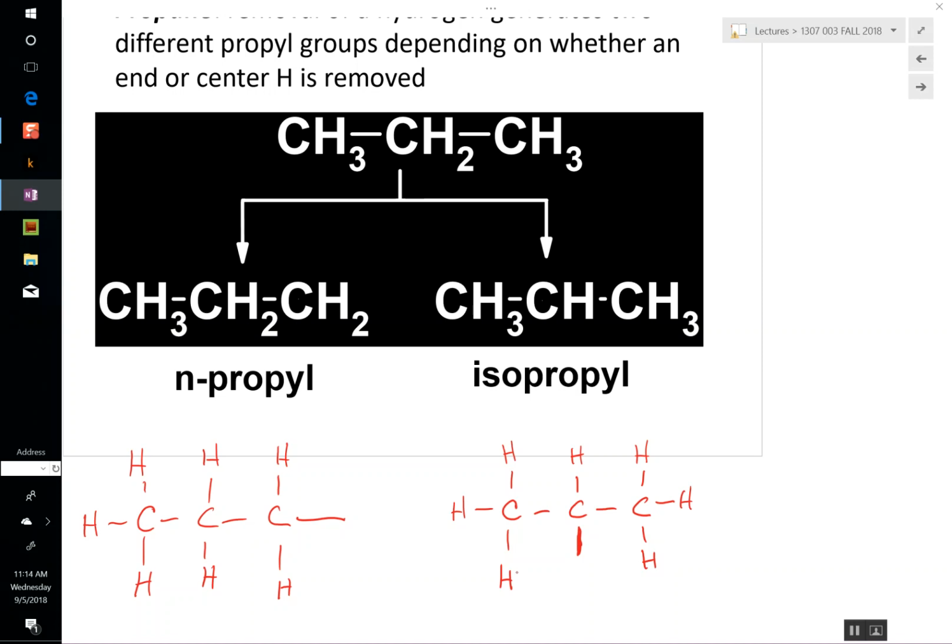If I took that hydrogen off of there, still got 4 carbons. It's kind of a strange arrangement here, but that is a tertiary butyl group. Tertiary butyl.